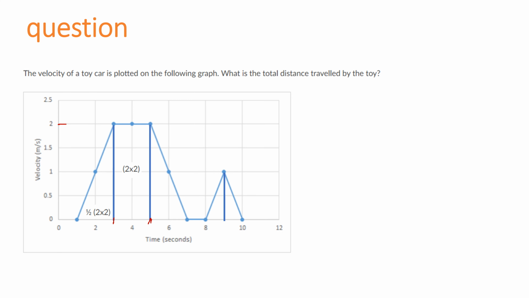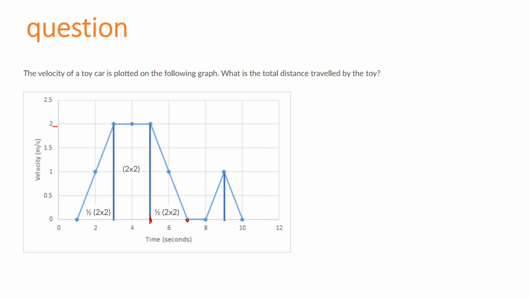And for the other triangle, the area is half times base times height. We put the numbers from 5 till 7, which is a change of 2, and the height is 2. So a half times 2 times 2 gives you 2.